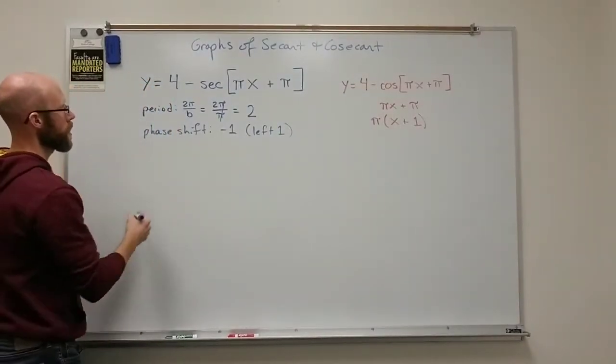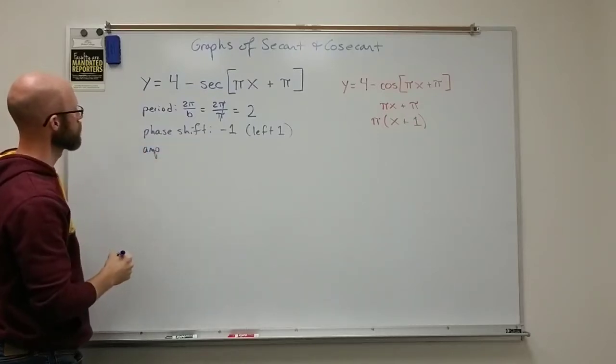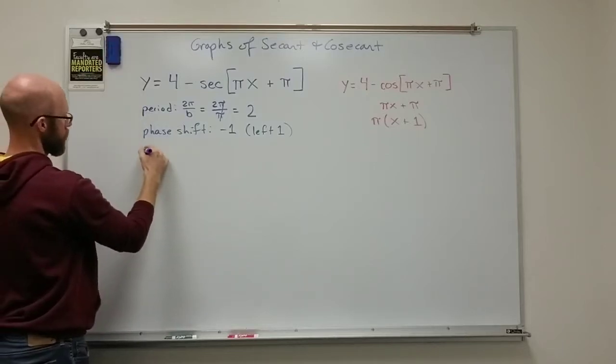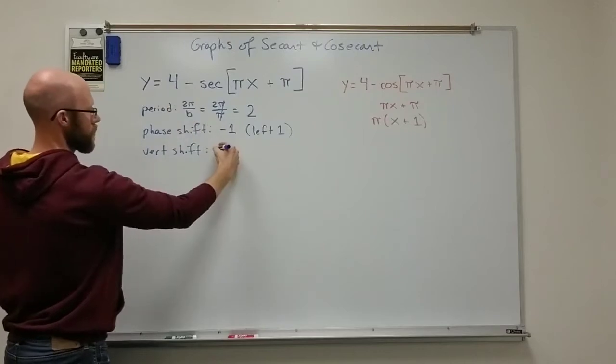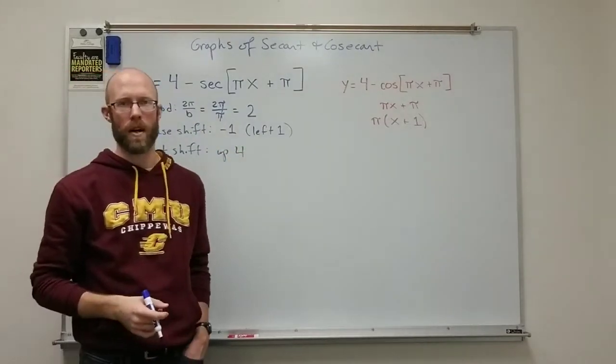Then we have an amplitude change. Oh, no, we don't. Nope, we have a vertical shift. The vertical shift is up 4, so that's a positive value.